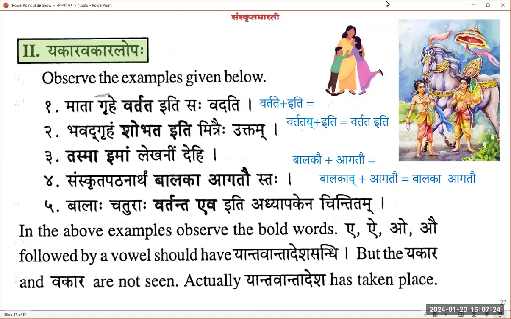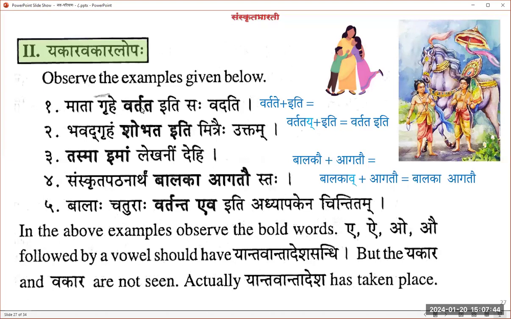All right. So in Yakara Vakara Lopa examples, first we learn these examples. Observe the following examples given below. Mata grihe vartata iti saha vadati. Vartata. So this is not vartataha, something visargalopa.